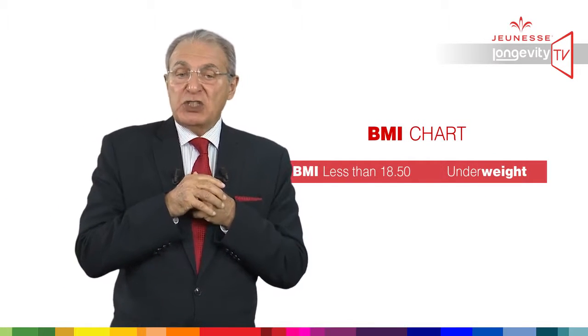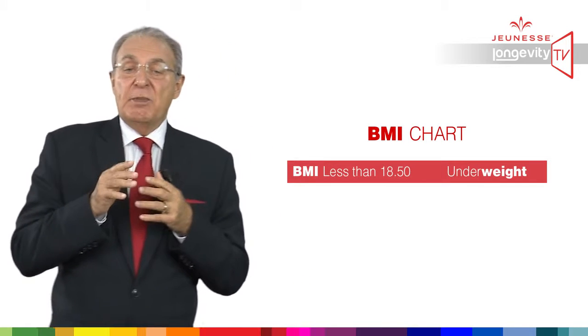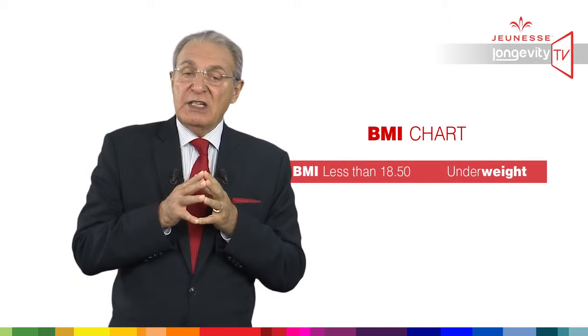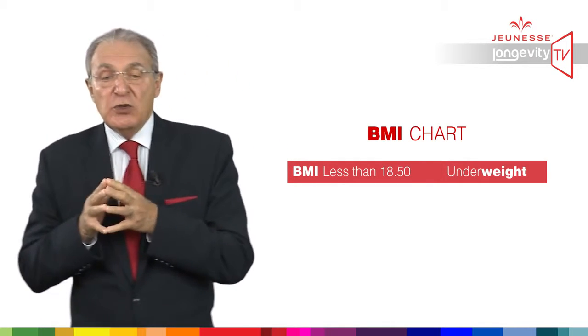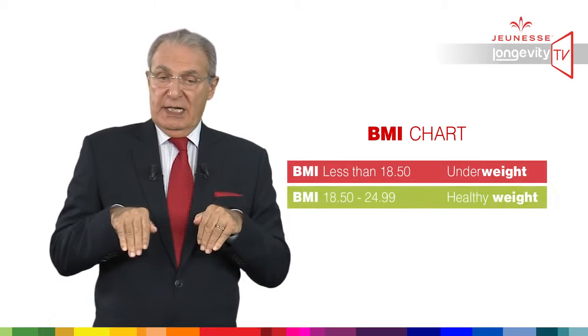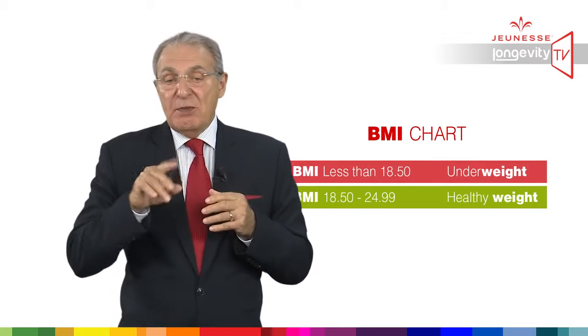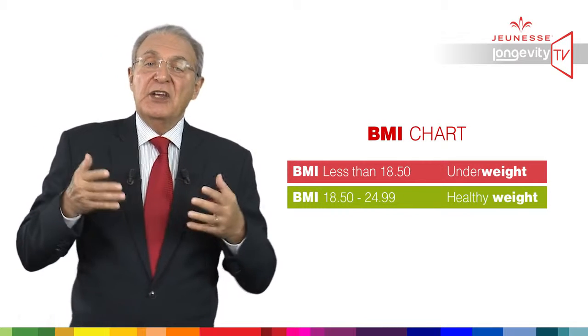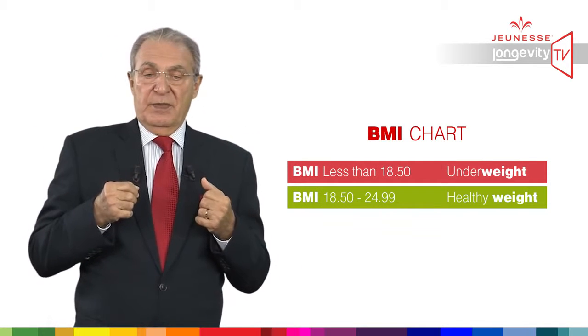If your BMI shows a score under 18.5 per square meter, it means that you need to gain weight. You are underweight. If it is between 18.5 and 25, you are in the normal standard.